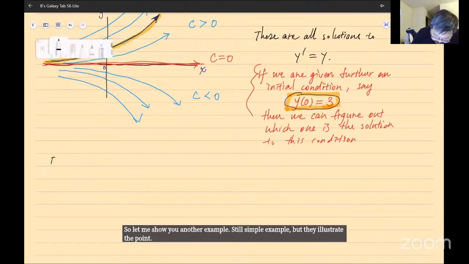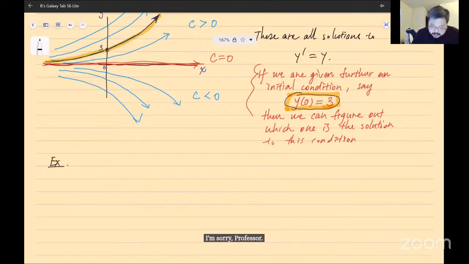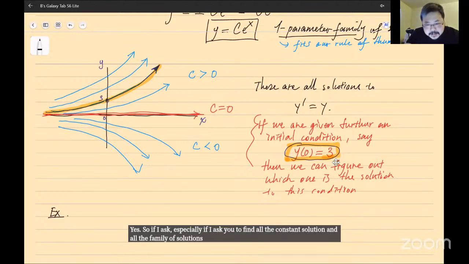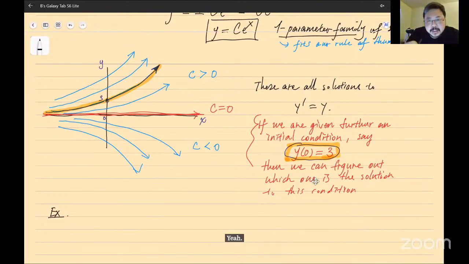I'm sorry, Professor, I have a question about the previous one. Sure, go ahead. Do we need to explicitly find the constant solution? Yes. If I ask you to find all the constant solutions and all the family of solutions, does that make sense? This is what we're going to do next.